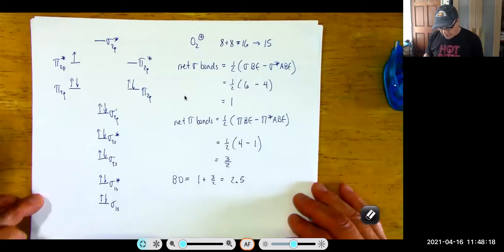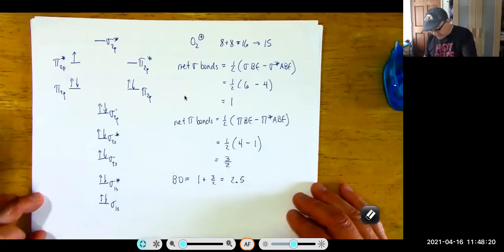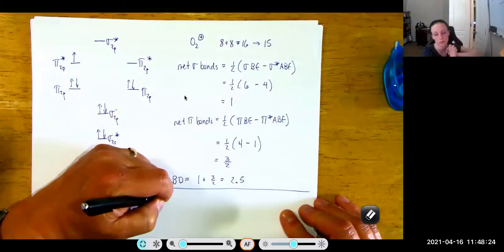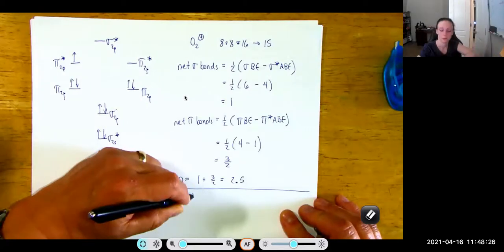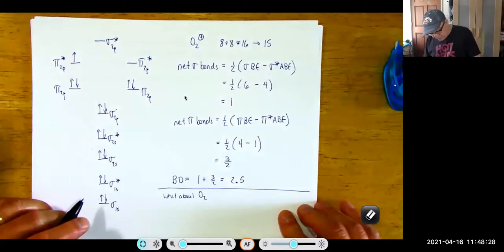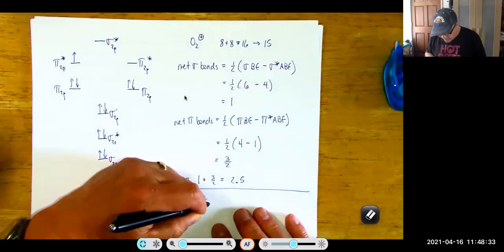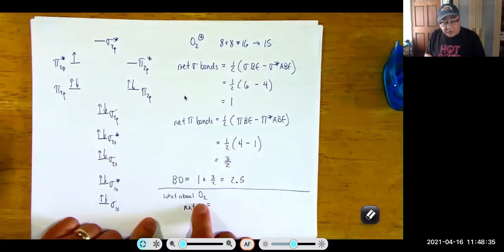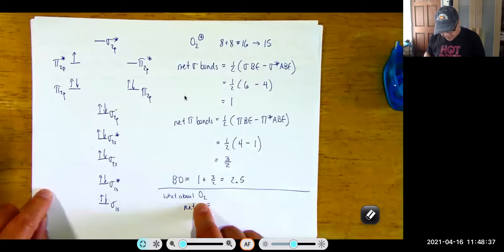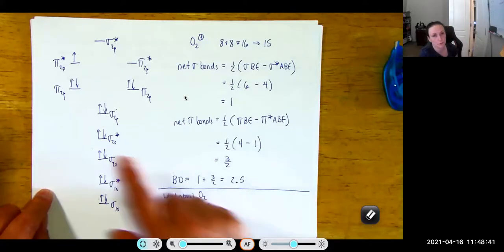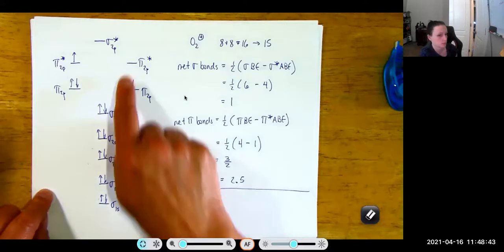Okay, now it further asks, well, what about O2, just regular O2, neutral. So what would we do for net sigma bonds? How would that change? Where would the next electron go for O2? Because that has 16 electrons. It would go in that top left anti-pi bond. Okay.